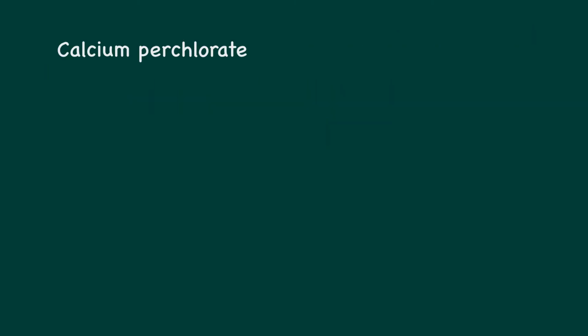On to our next example, and that is that of calcium perchlorate. Calcium, as we know, is a metal, and calcium belongs to group 2A, and because it is 2A, we know right off the bat that it's 2 positive. Notice that there is no Roman numeral here because it is an A group element. So calcium is Ca2+. But what about perchlorate?